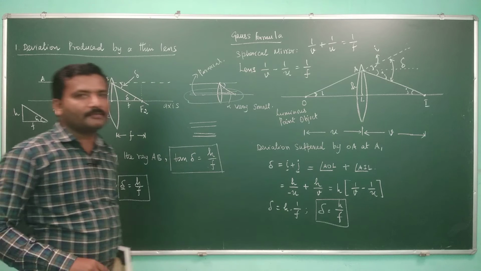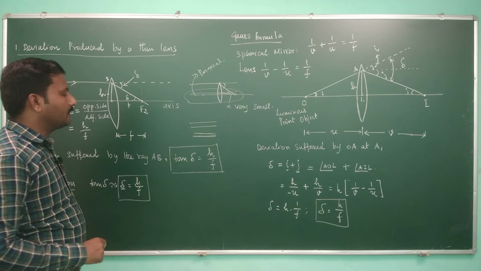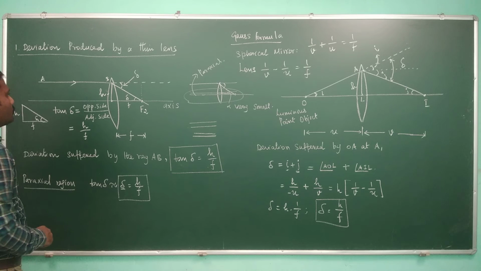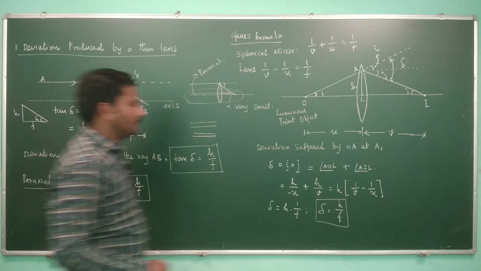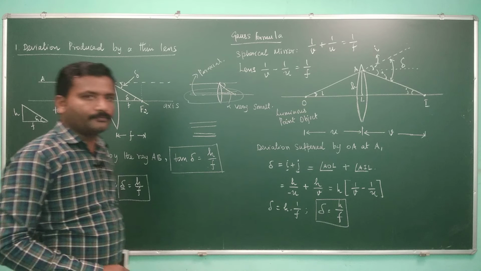Whatever the position of the light ray, the deviation suffered by the ray when it passes through a thin lens is delta equal to h by f.